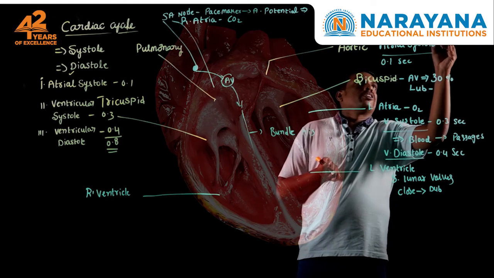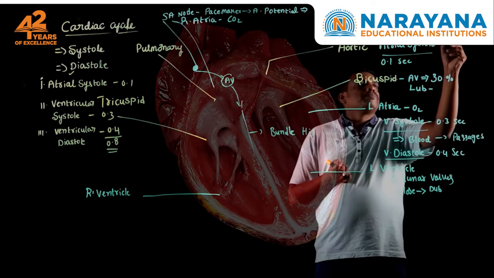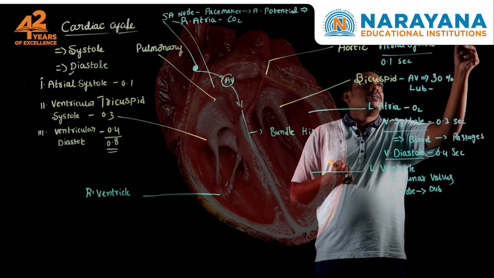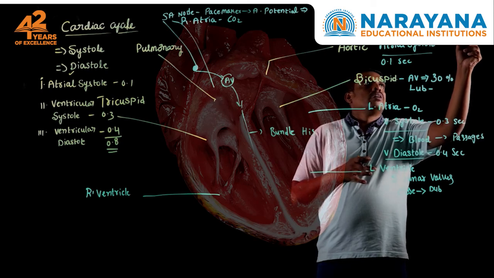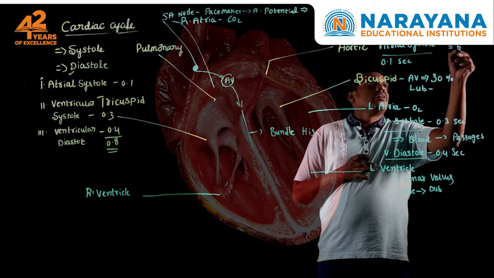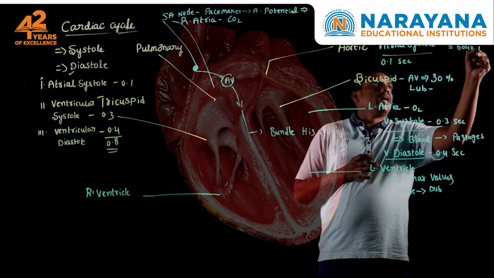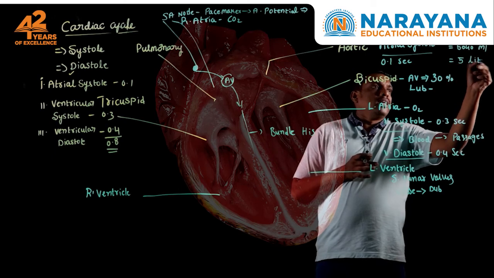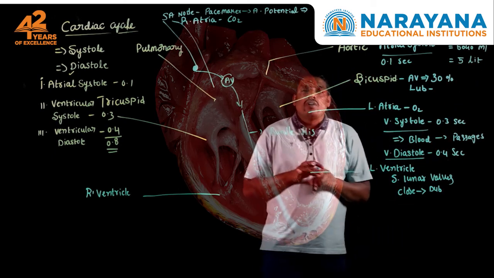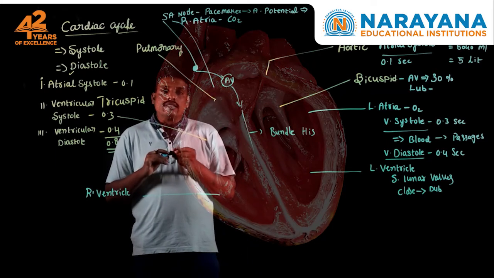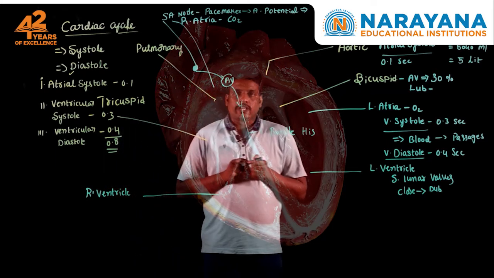The normal cardiac output in humans is about, if 70 ml is the blood pumped by the heart for 72 heartbeats, the value is 5040 ml, that is approximately 5 liters of blood pumped by the heart. That's what I am trying to say.